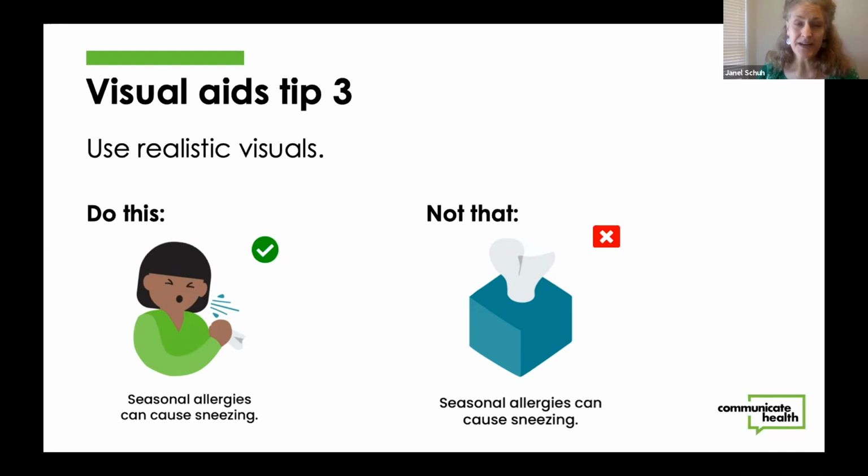We're doing testing right now, and one of the topics has to do with HIV. And a number of participants have talked about how they don't want just one image of a gay couple because they feel that could be stereotyping.